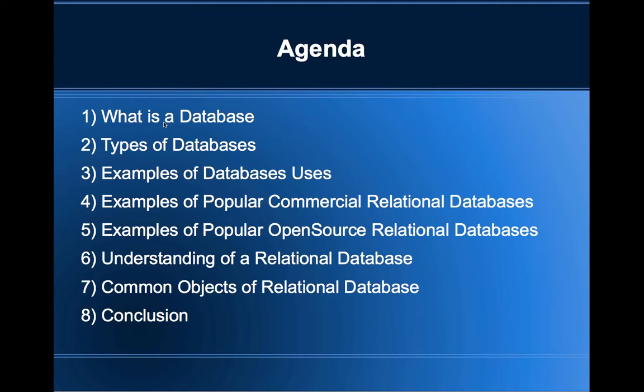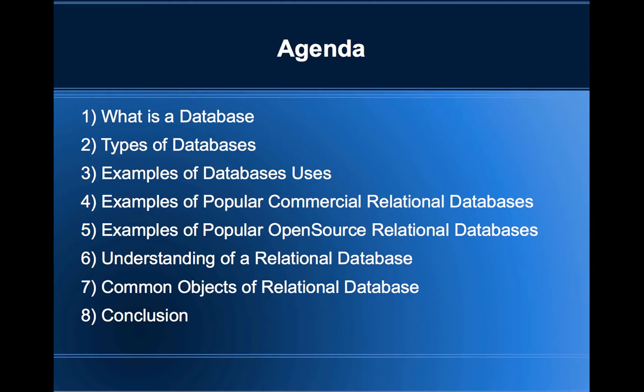What I'm going to be talking to you about today is what is a database, types of databases, and examples of database uses, and we'll list examples of some most popular commercial relational databases and also examples of most popular open source relational databases.